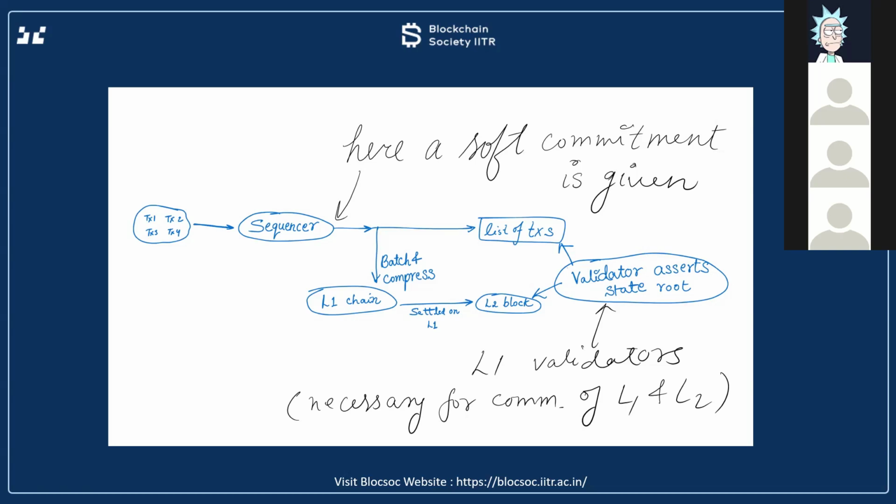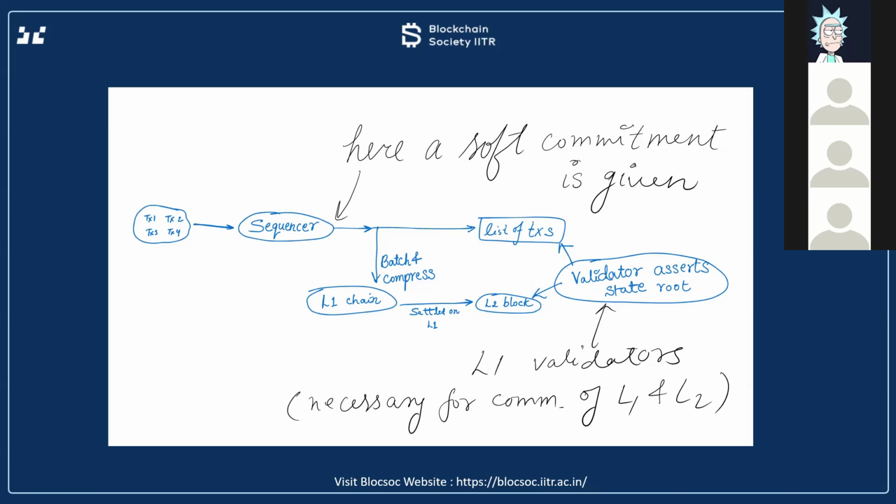So there is a state change that happens. The list of transactions is the accepted transactions that it included in its batch. After the state change, the validators assert the state root on the layer 2 blockchain, and then the sequencers can create another batch and send it, and the process repeats again.